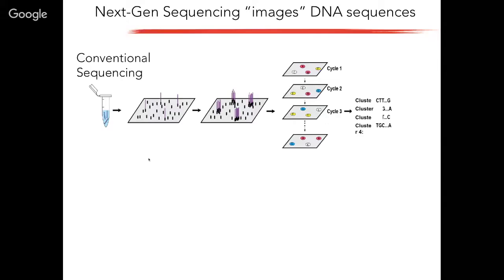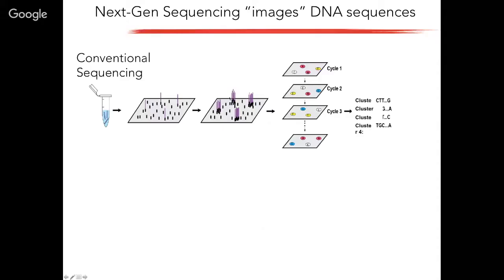So you take a snapshot of those clusters, but before taking the snapshot, you label each cluster with the next nucleotide in its sequence. So again, I'm not sure if you can see my pointer, but for example, this one on the left, the first nucleotide in that sequence might be a C, and so it's labeled with a fluorophore that's white.